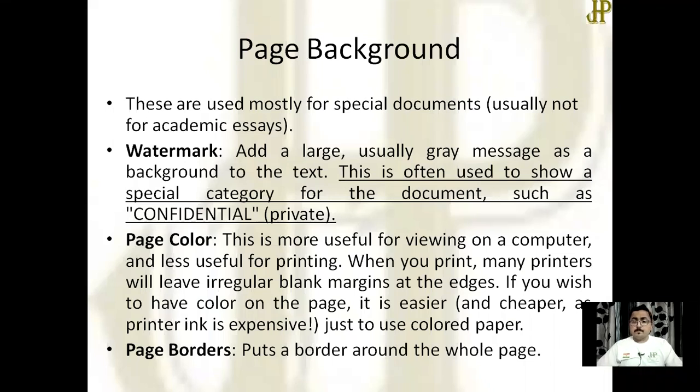When you print, many printers will leave irregular blank margins at the edges. So, if you wish to have color on the page, it is easier just to use colored paper rather than using the page color option.